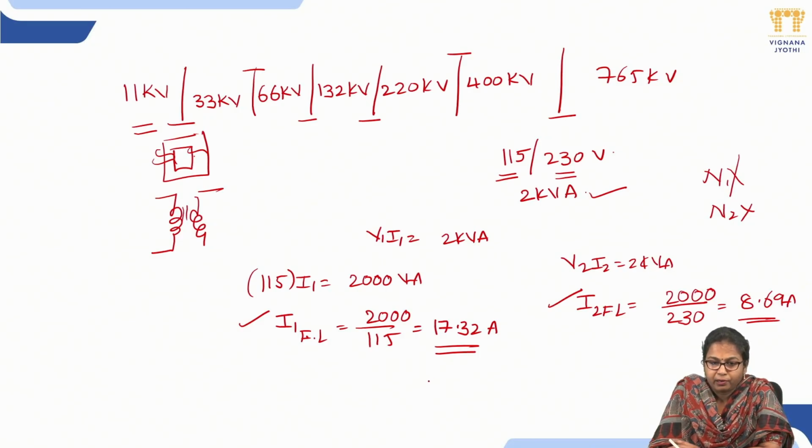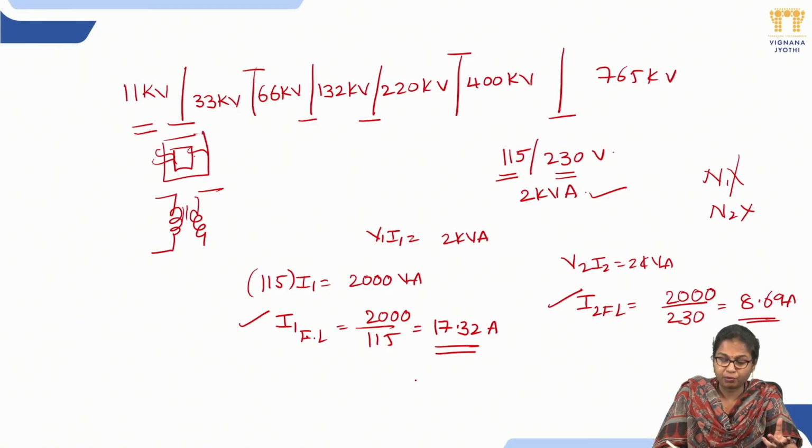During experimentation, when we gradually apply the load on the secondary of your transformer, right from the beginning we have to observe the ammeters kept on the primary and on the secondary, because we have to know the full load primary current, which is 17.32 amps, and the full load secondary current, which is 8.69 amps.